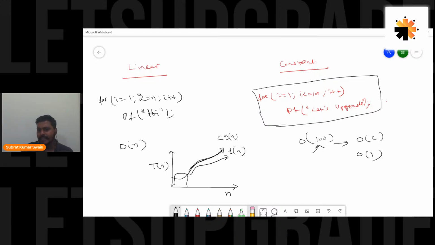So you can say the time complexity in the worst case is big O of g(n), whatever function g(n) is. Maybe g(n) would be n or n square, that is a different case. Don't get confused, guys. All this we will discuss in detail in our advanced course.